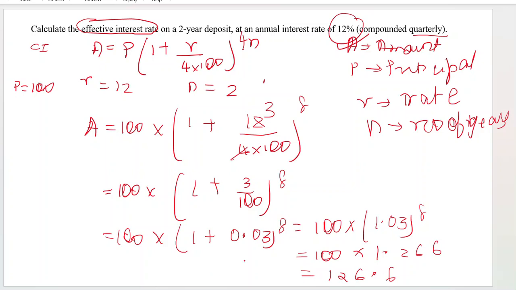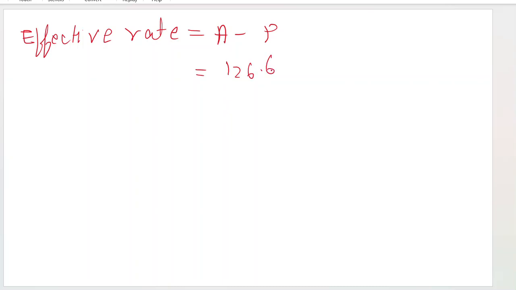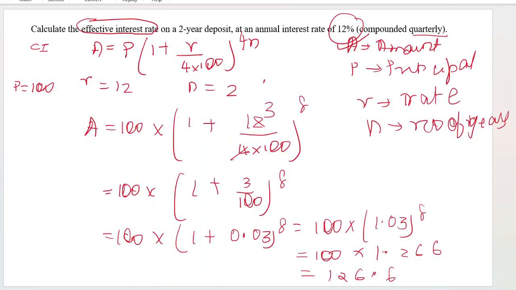If we want to find the effective rate, the effective rate will be amount minus principal. The amount, if you observe, is 126.6. The principal which we had taken was actually 100.